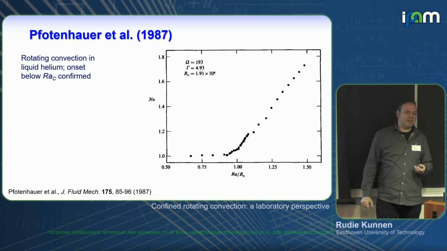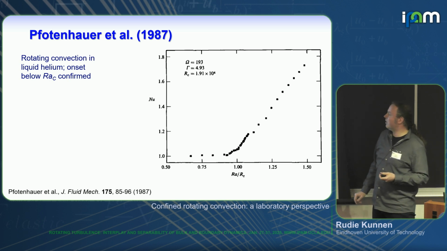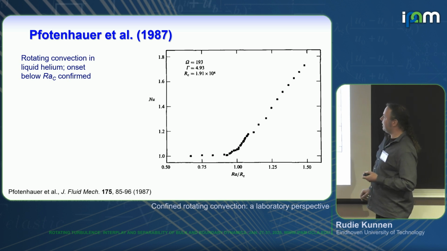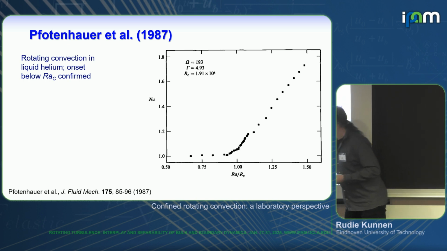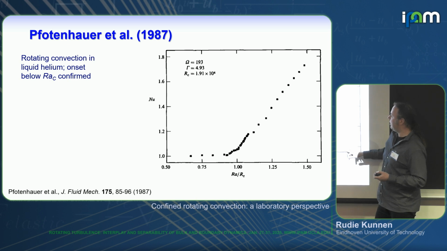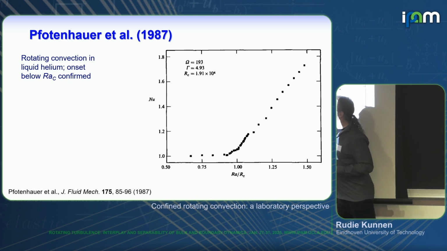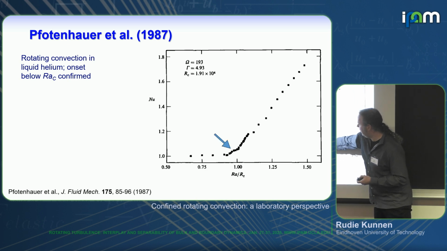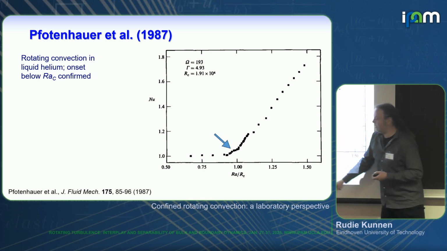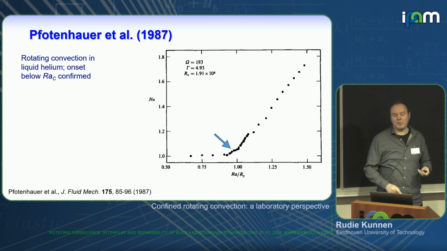Then a bit later, another experiment using liquid helium. So quite different working fluid. But also there, the onset below the critical Rayleigh number was confirmed. So this is now the Rayleigh number and the Nusselt number at some constant rotation rate. And you can see here, right below the critical point, which would be here, there is already a bit of convection to be found.